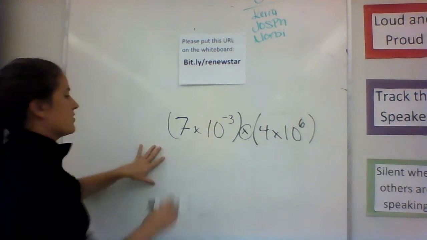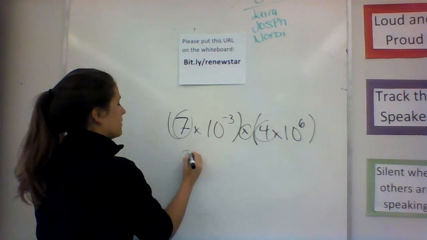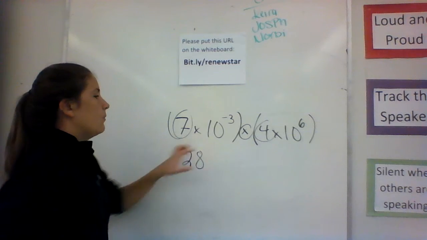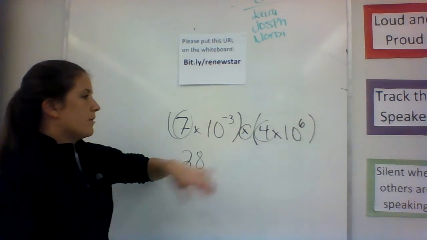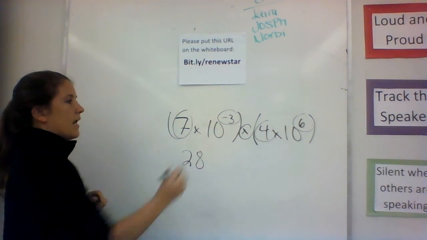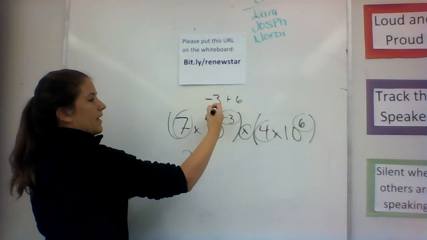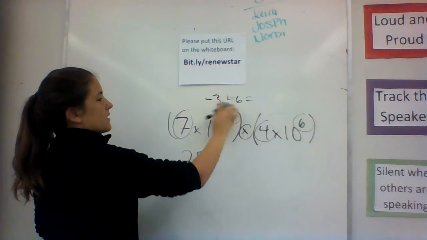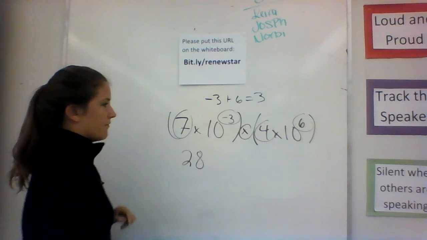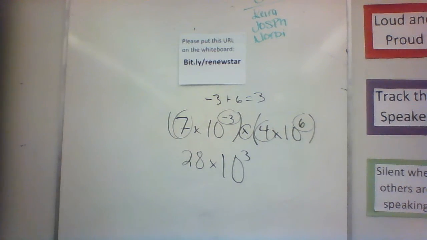Let's multiply my whole numbers first. 7 times 4 is 28. Now I'm multiplying my exponents, and when I multiply exponents, I know that I can add my exponents. Negative 3 plus 6. Are there more good guys or bad guys? There's more good guys. 6 minus 3, positive 3. 28 times 10 to the third power, 28 times 10 cubed.